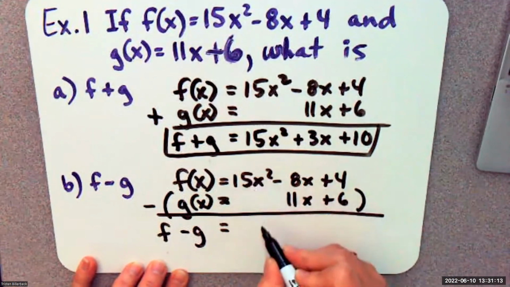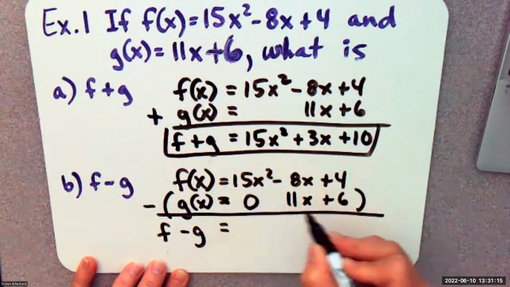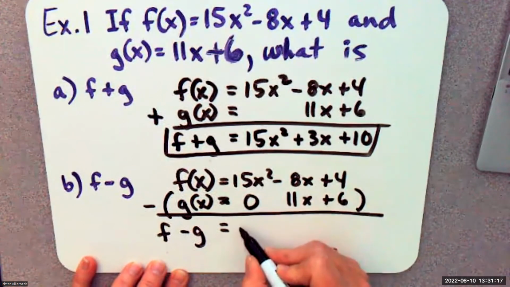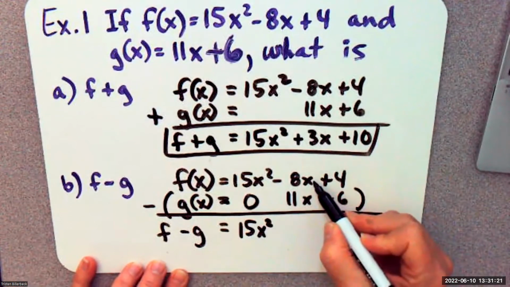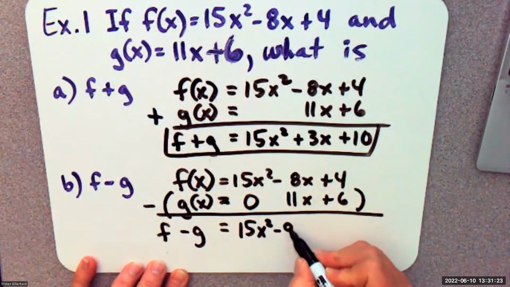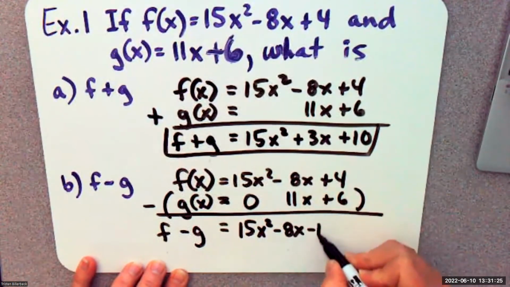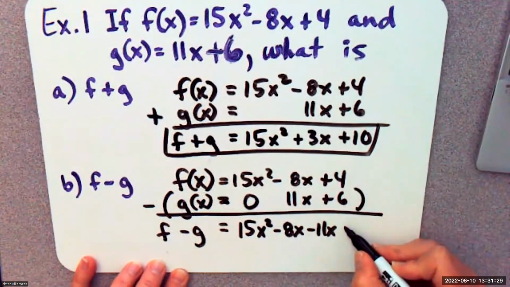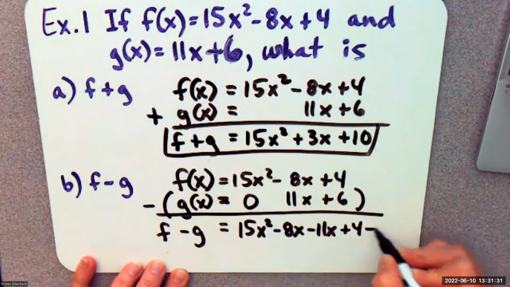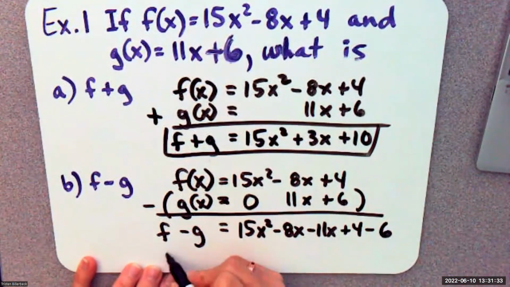So 15 minus 0 is just 15x squared. Negative 8x minus 11x, we'll write that down. 4 minus 6 looks like that.